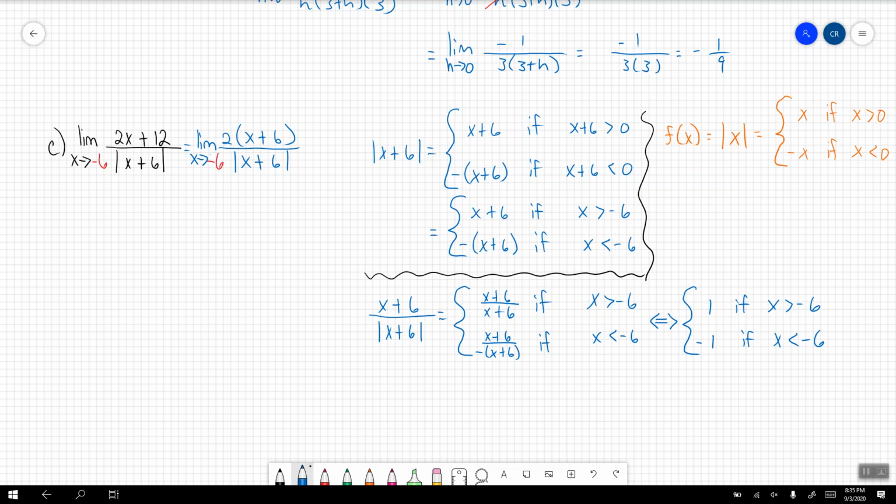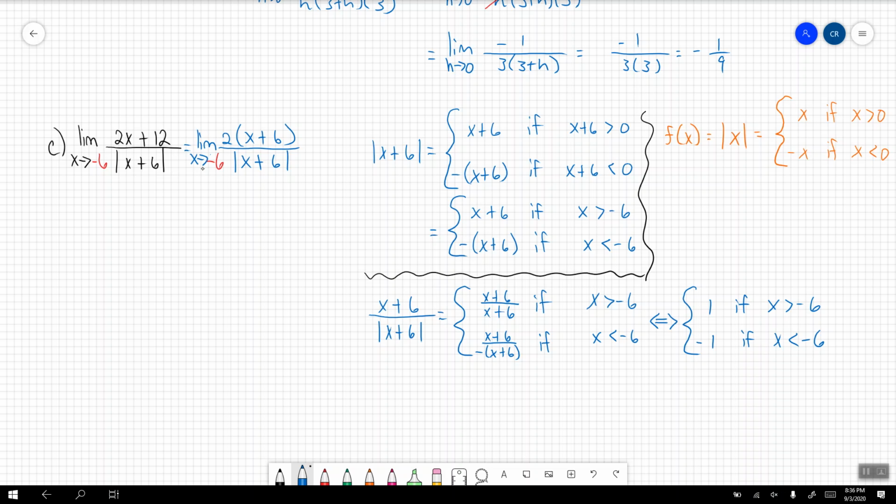As we start approaching negative 6, this function takes on two different values. One value it takes on from the right-hand side. The other one it takes on from the left-hand side. So we have two different limits.